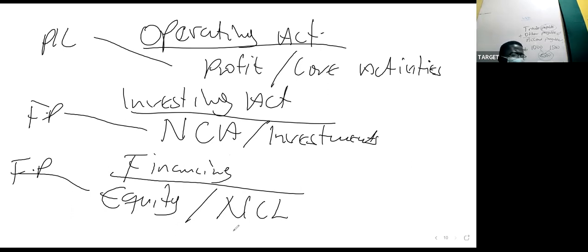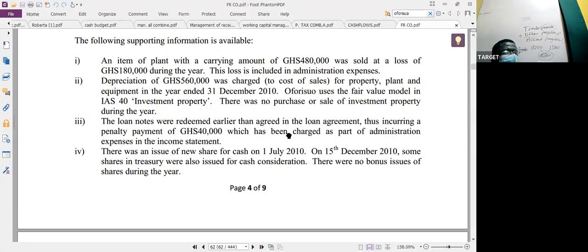So now back to my question. The loan notes were redeemed earlier than agreed in the loan agreement, incurring a penalty of 40,000, which has been charged as part of what? Administration expenses. Is it right? This penalty is in connection with what? Loan. And a loan is a debt.